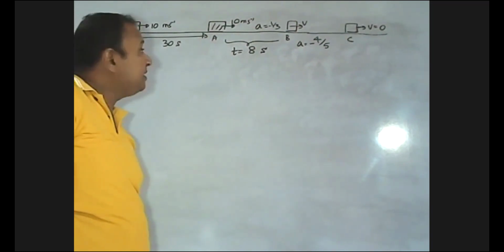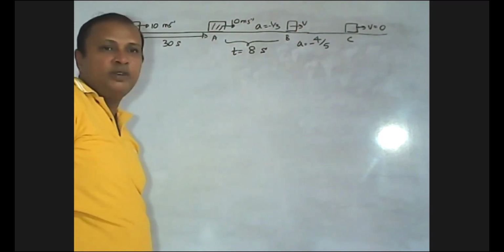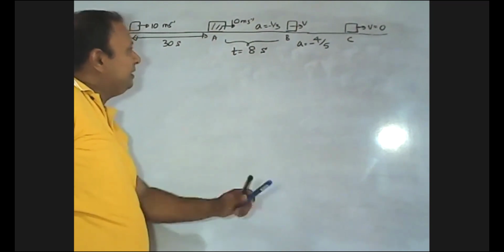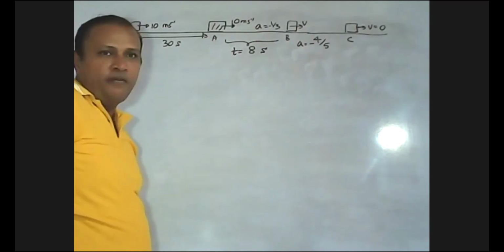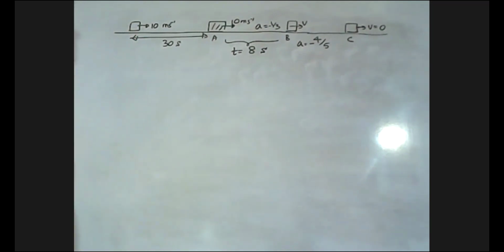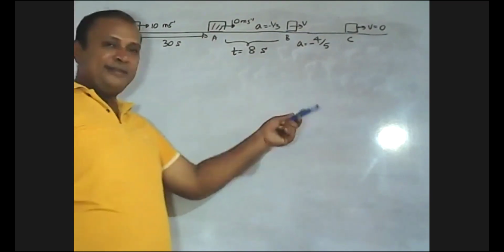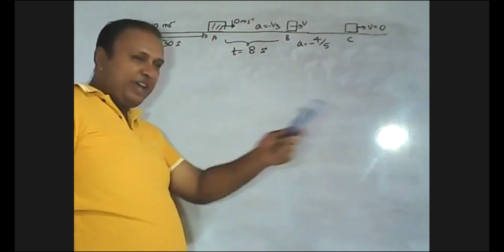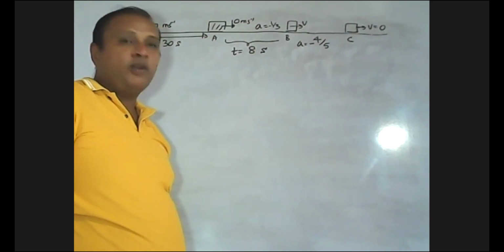Initially there is a deceleration of one third, then another deceleration of 4 or 5. Then after that it comes to rest. We are asked to find the distance between the bus stop and the actual location of the bus.